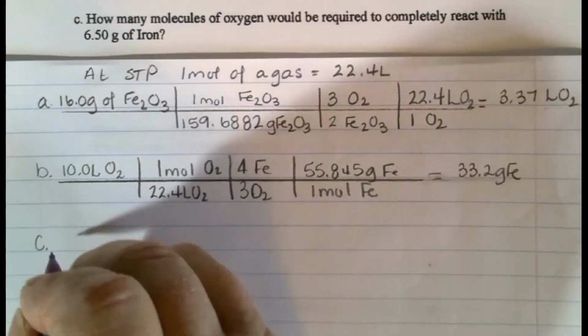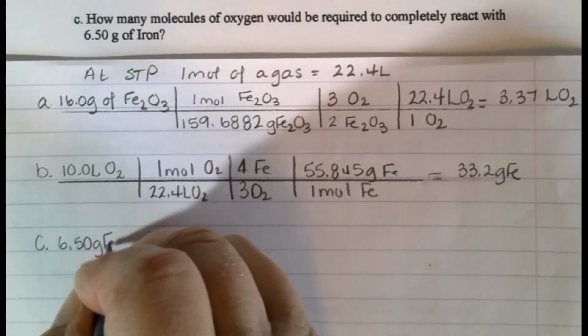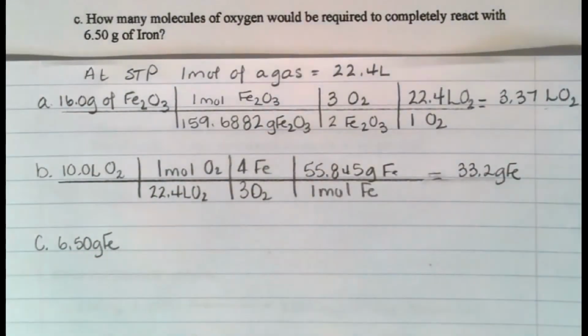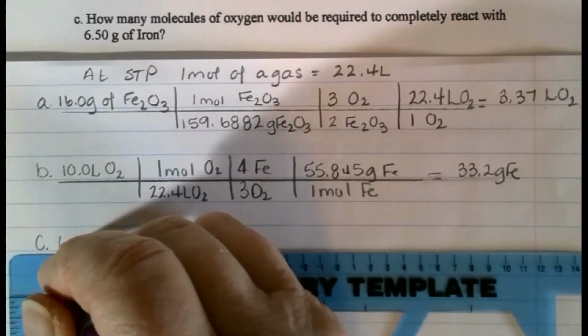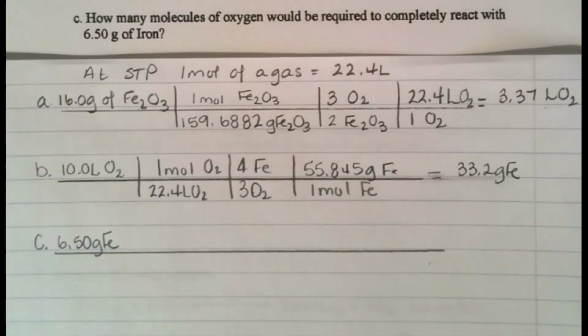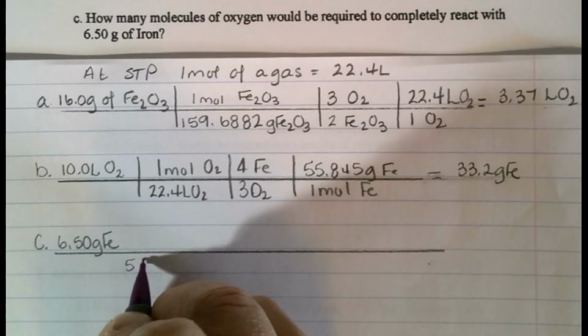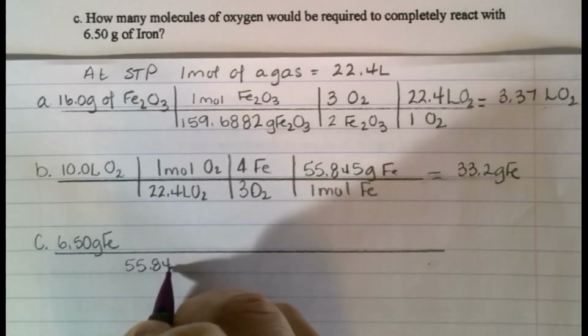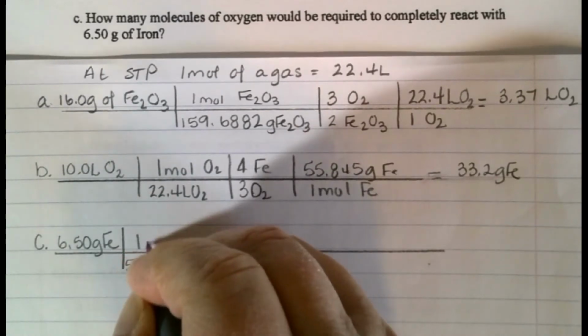I'm going to again start with 6.50 grams of iron. Because I'm in grams, the only thing I know about grams is the molar mass. So I'm going to use that concept in my next stoichiometric ratio from the periodic table. 55.845 grams of iron is 1 mole of iron.